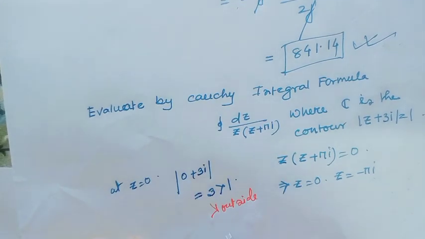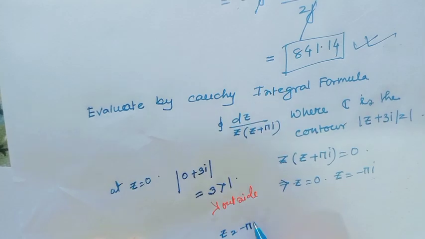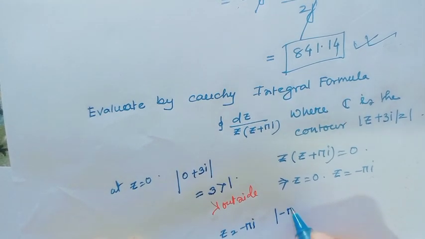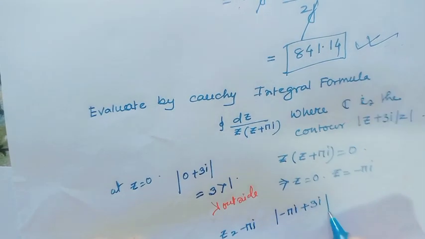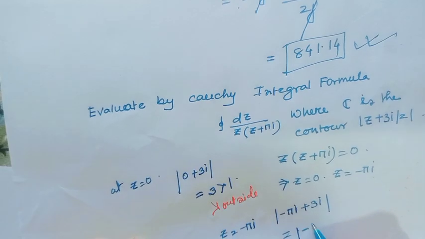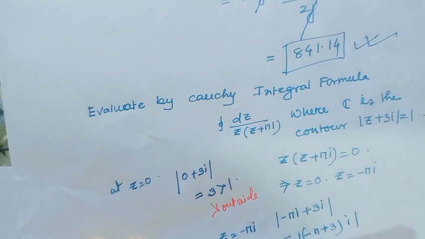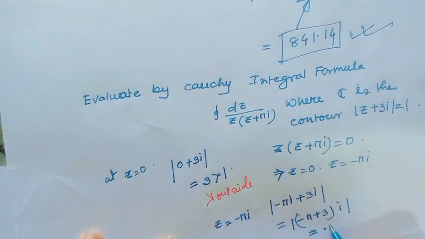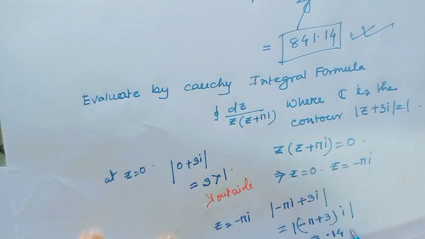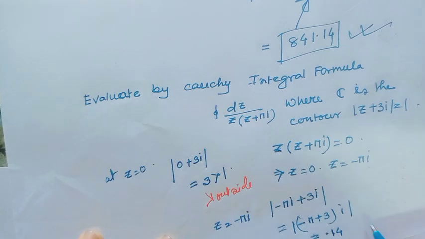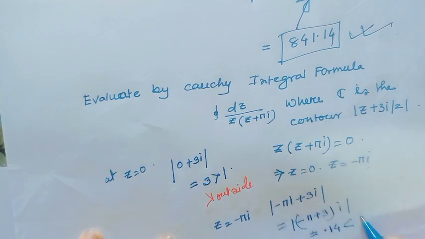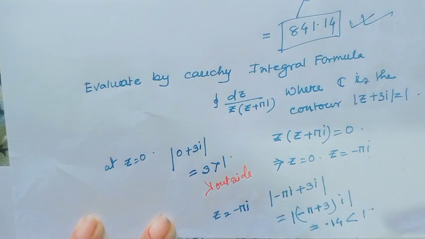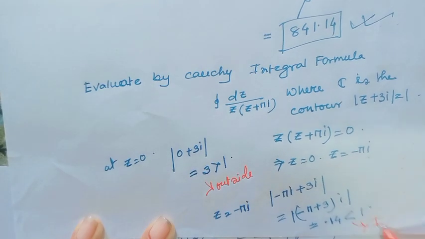When z equals minus pi i, this value is minus pi i plus 3i, and we can write this as minus pi plus 3 times i, and minus pi plus 3 means 3.14 minus 3, which is 0.14, and this is less than 1. So this point is inside of the circle.